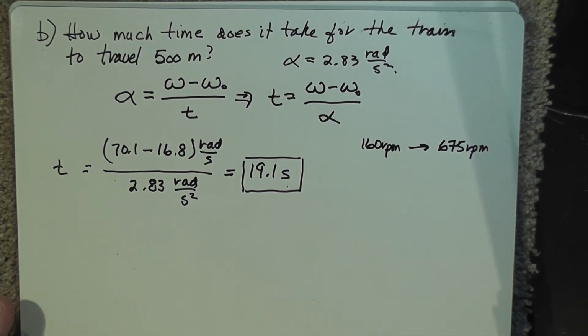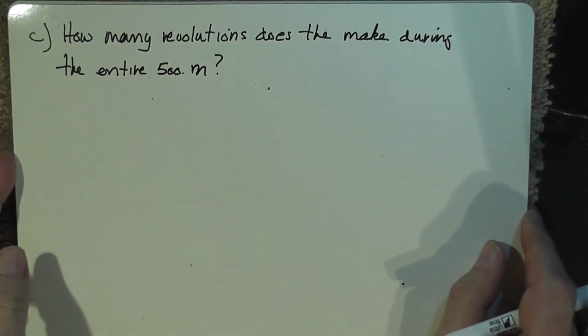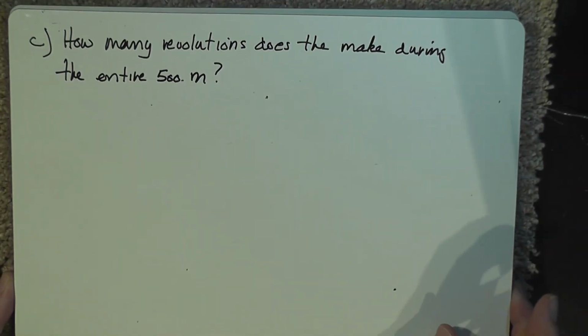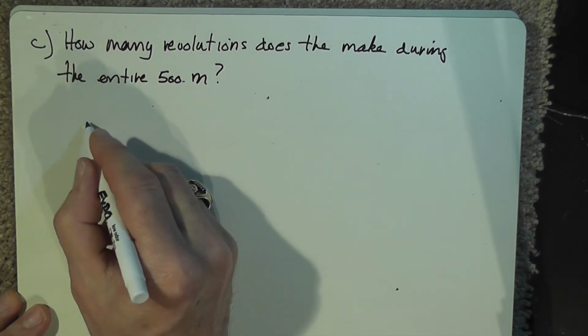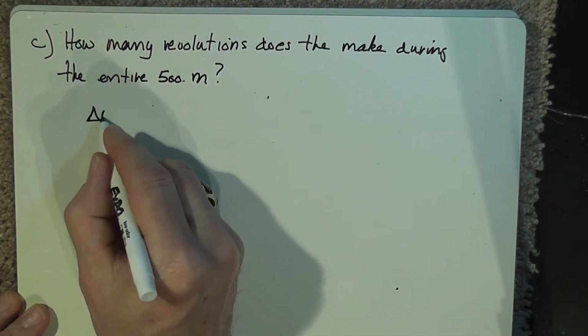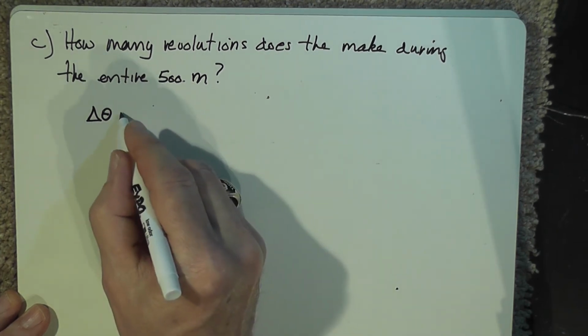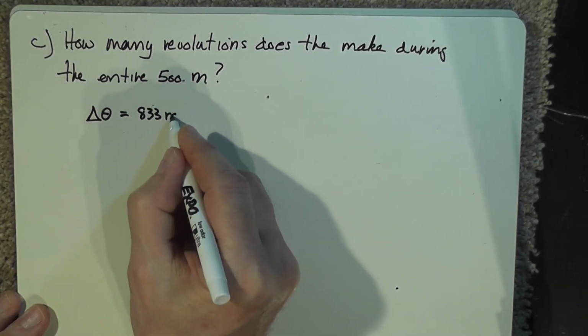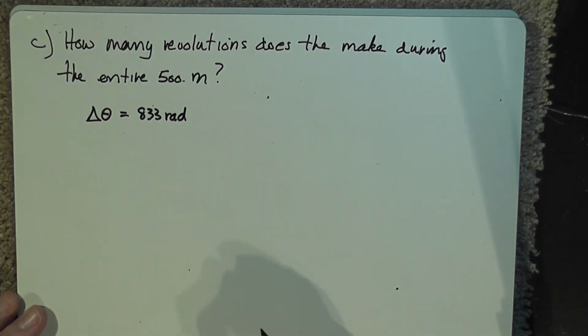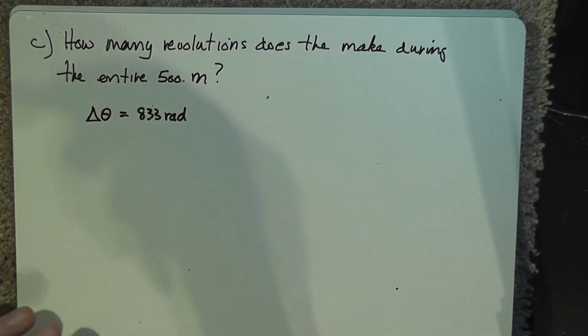Okay, and so let's do part C now. Part C wants to know how many revolutions that drive wheel makes during the 500 meters. So we're talking about delta theta, which is equal to 833 rad. And we figured this out earlier. Now we just need to convert this to revolutions.